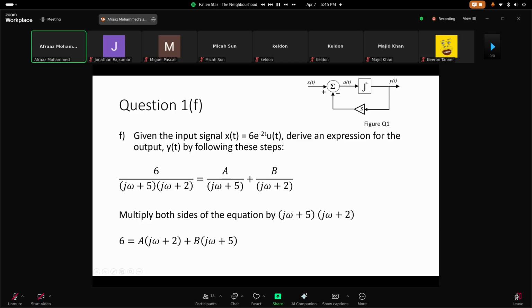On the left-hand side, this cancels out, so you end up with 6. On the right-hand side, the j omega plus 5 is out for the A term, so it's A multiplied by j omega plus 2, and in the B term, the j omega plus 2 is out, so it's B multiplied by j omega plus 5. This is the equation we'll be working with.